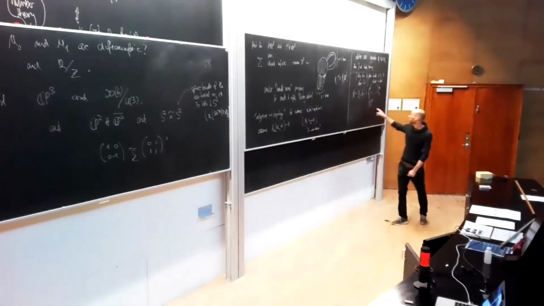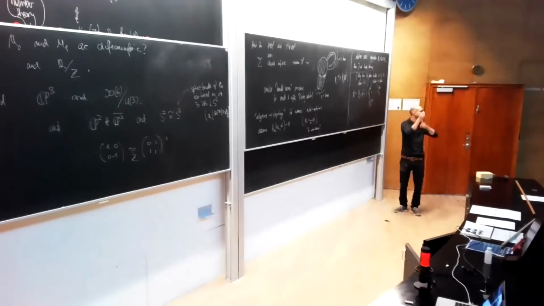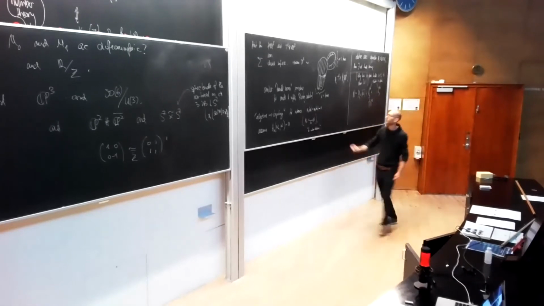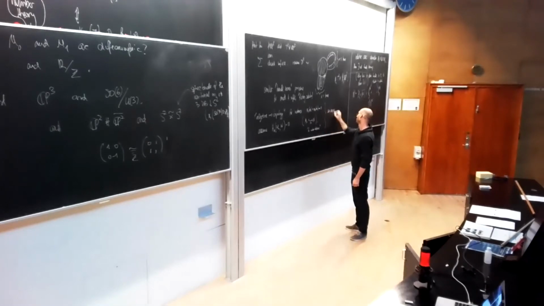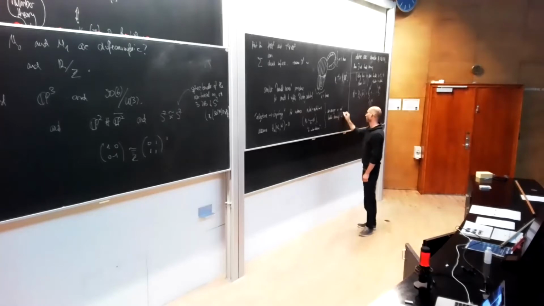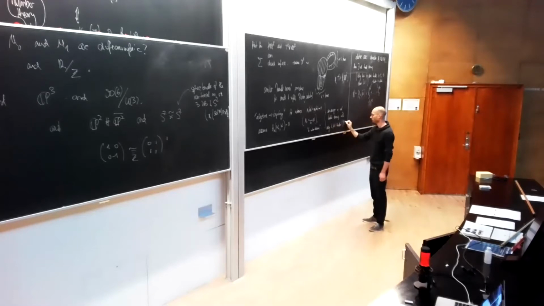then there is going to be an argument in these handle techniques that tells you you can arrange a relative handle decomposition with only k and k plus 1 handles.